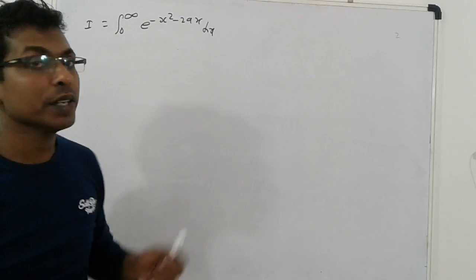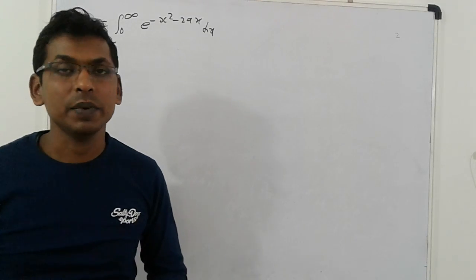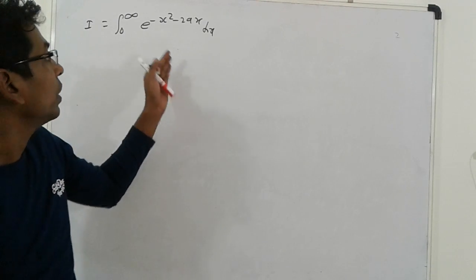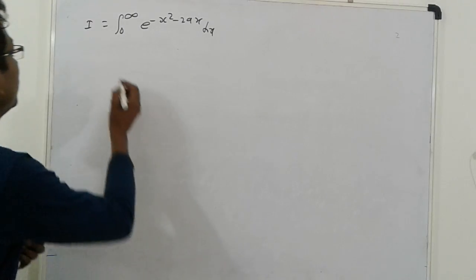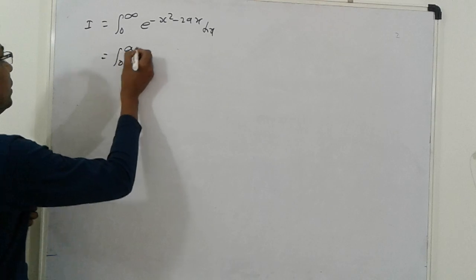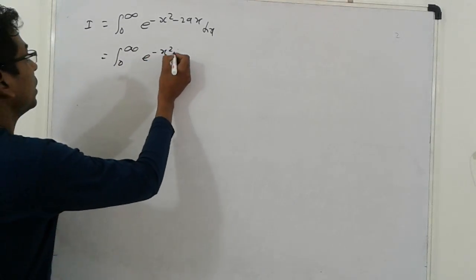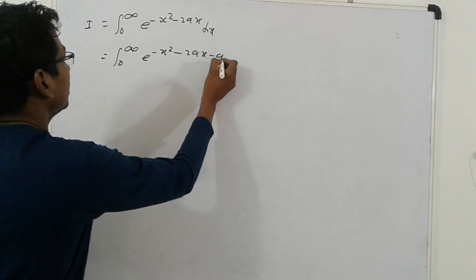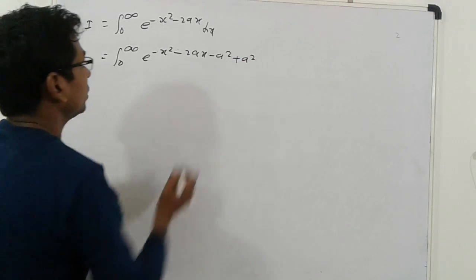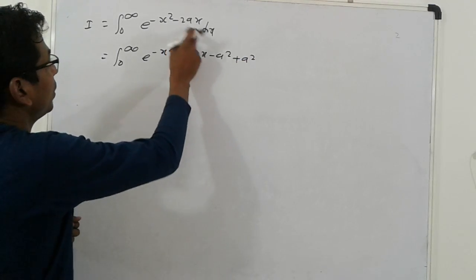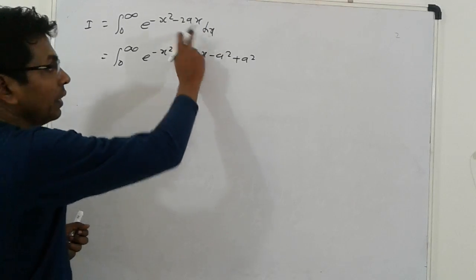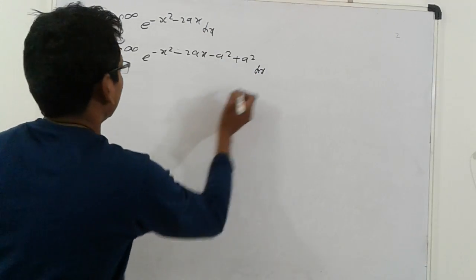How to convert to perfect square form? By adding and subtracting the square of half the coefficient of x. So simple: 0 to infinity e raised to minus x square minus 2ax minus a square plus a square dx.